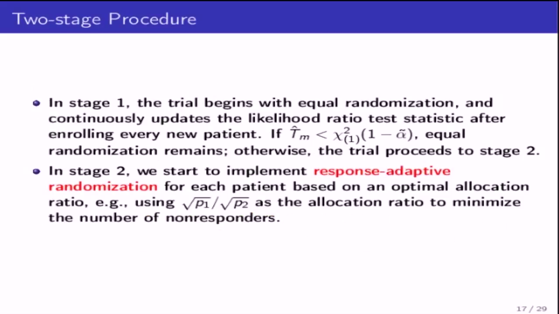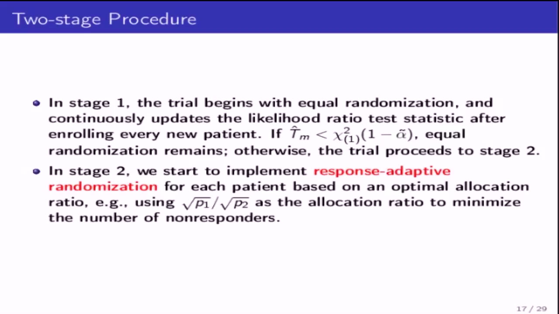So the two-stage procedure goes like this. In stage 1, the trial begins with equal randomization, and we continuously update the likelihood ratio test statistic after enrolling every new patient. If T-hat is smaller than the critical constant, then we continue using equal randomization. Otherwise, we switch to the AR stage.